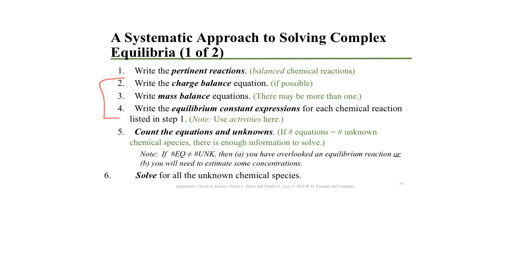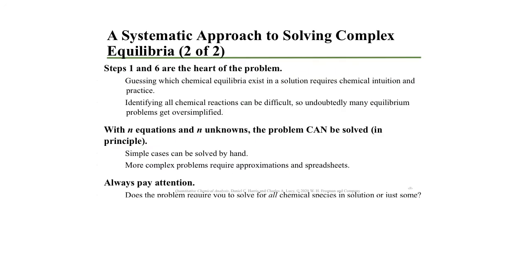If the number of equations equals the number of unknowns, then it is solvable. If they don't equal, then you've probably overlooked an equilibrium, or you've got to estimate something and say, okay, we're just going to have to make this estimation. Once you know all those, you can solve for all the unknowns.